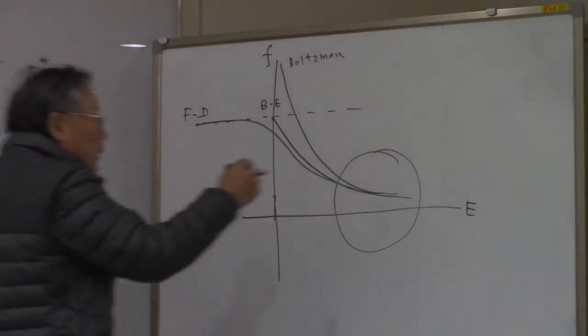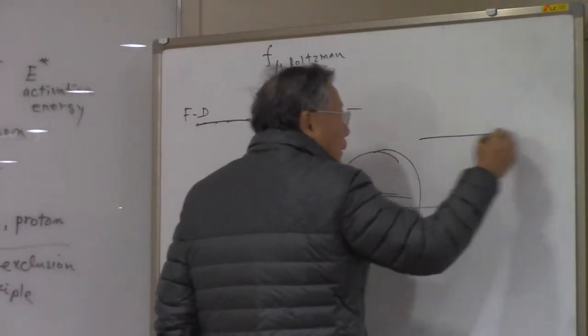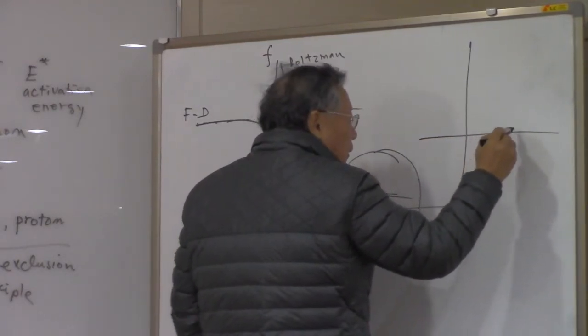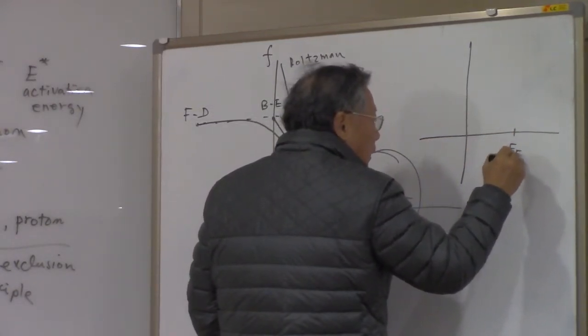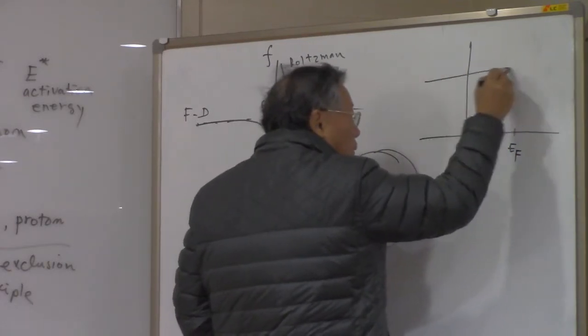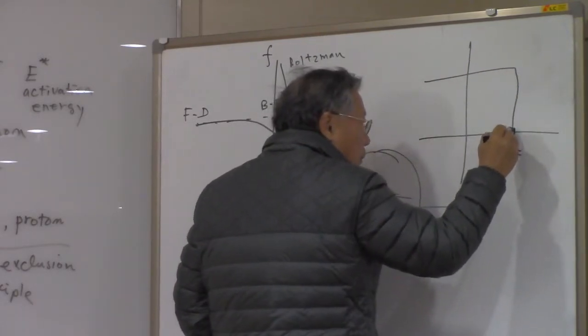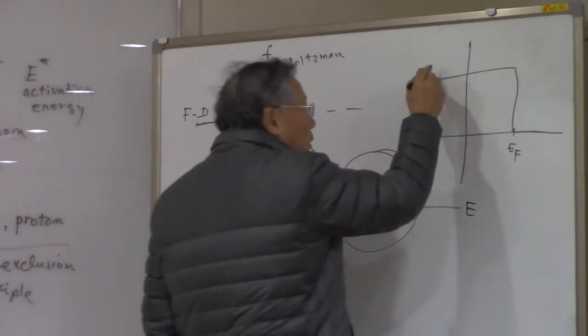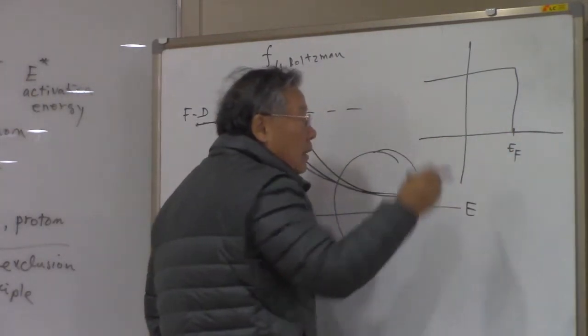The Fermi-Dirac statistics, in absolute 0 case, if it is Fermi energies, then at absolute zero temperature the probability should show something like this, right?